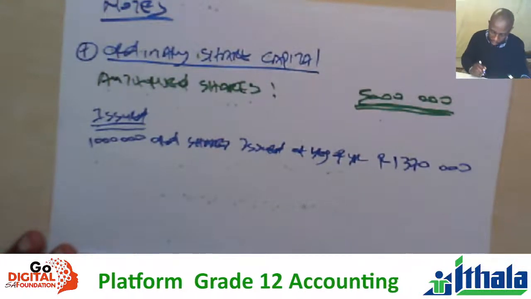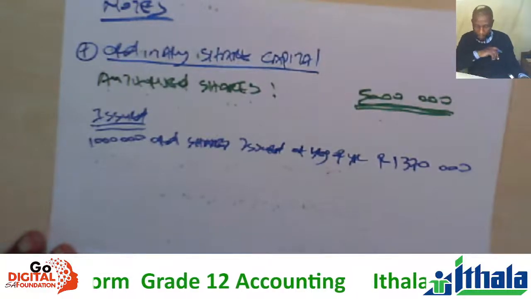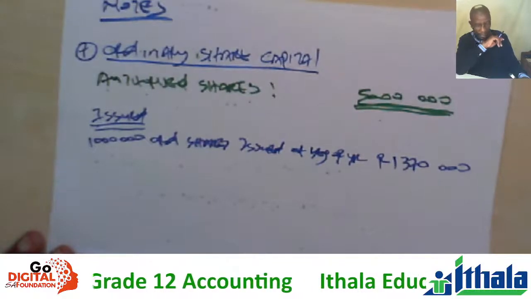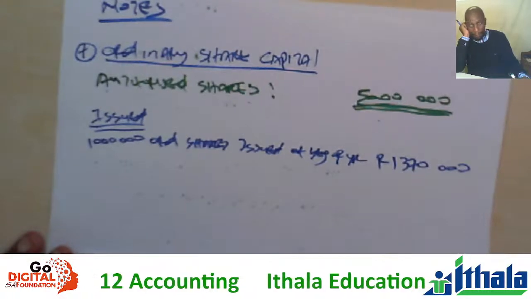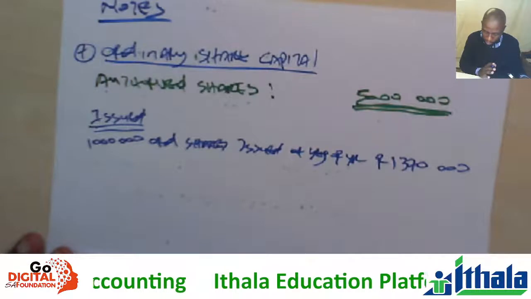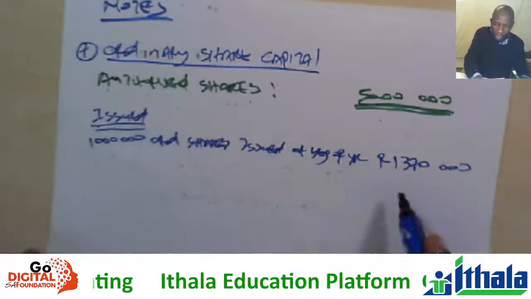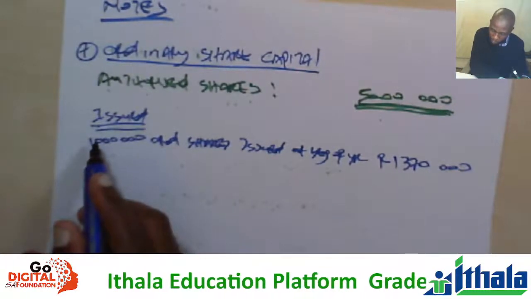And then we are also told what happens immediately after the beginning: there's a buyback. That is very tricky, but I will explain how to deal with it. So immediately here we have a buyback of shares.